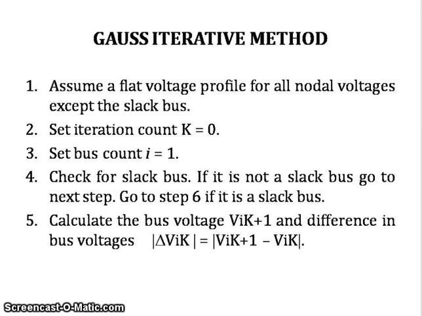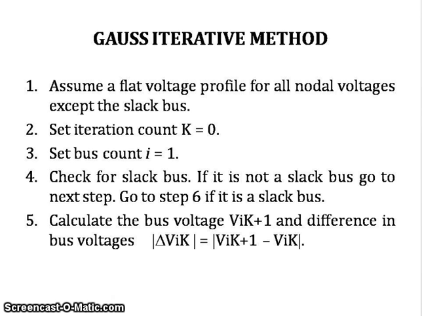There are three types of buses in the system. One is called the PQ bus, where P and Q, the active and reactive powers, are known, and the unknown parameters are the voltage and delta, that is, the power angle. The other bus is called the PV bus, or sometimes the generator bus or voltage controlled bus. Here voltage and active power are known, and reactive power and delta, the power angle, are the unknown parameters.